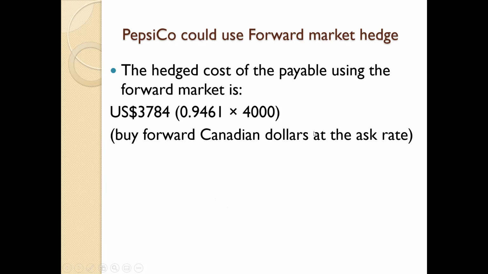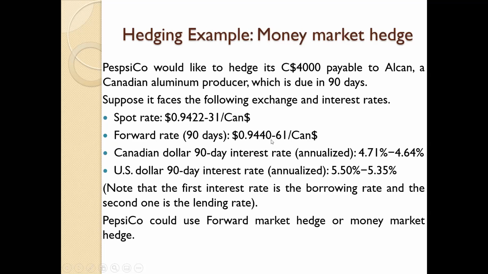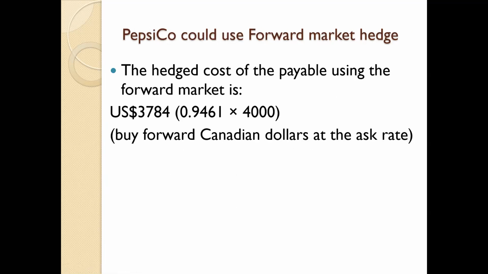Then buy forward Canadian dollar at the ask rate. That is our ask rate here, right? Okay, so that is the total cost of the transaction for the trader if he wishes to go with the forward market hedge, or if he tries to minimize his foreign exchange risk with the forward market transaction.